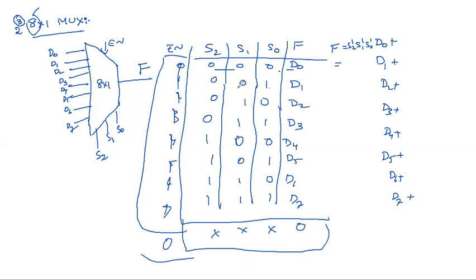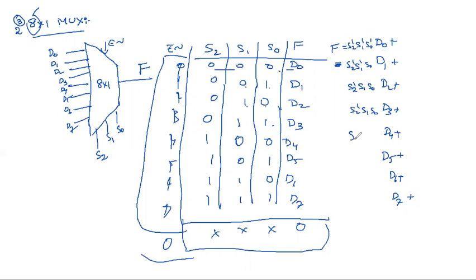Next 0 0 1 means S2 bar S1 bar S0. Next D2, 0 1 0: S2 bar S1 S0 bar. D3, 0 1 1 means S2 bar S1 S0.